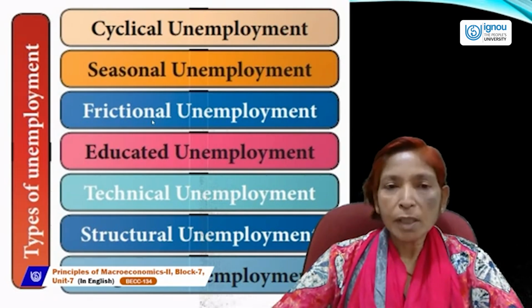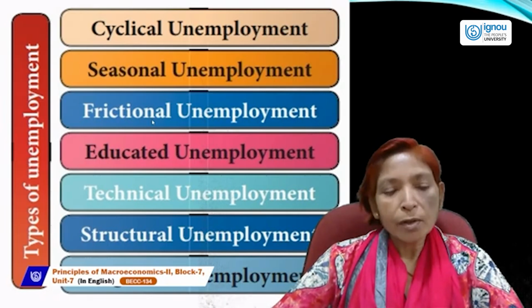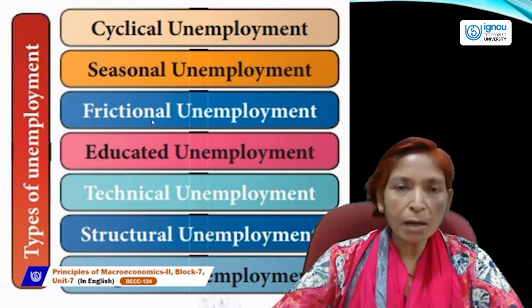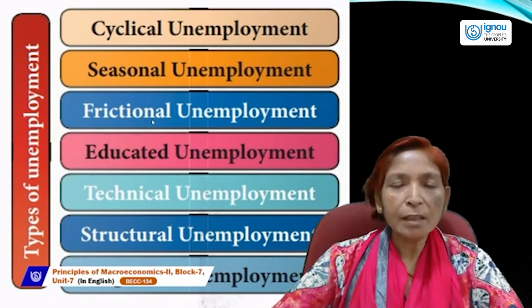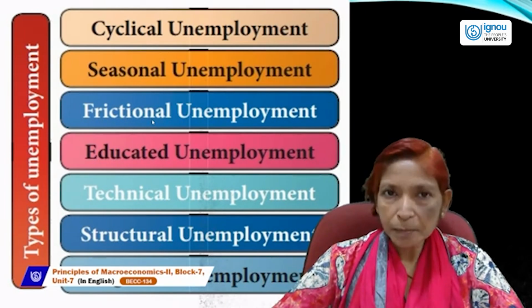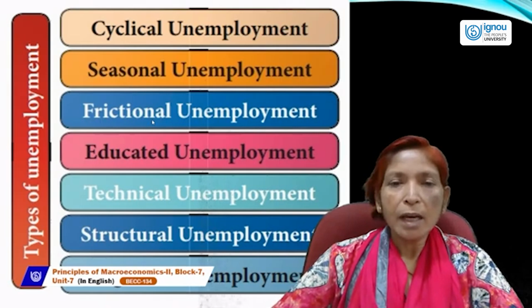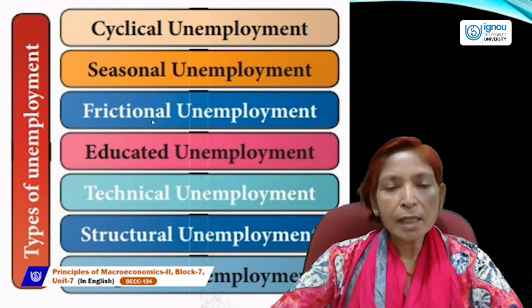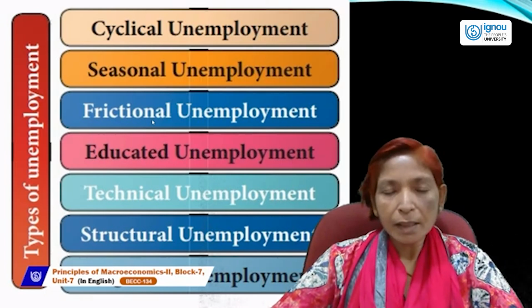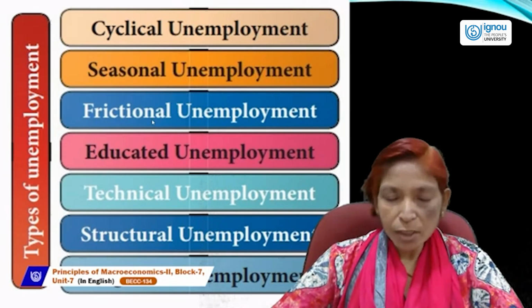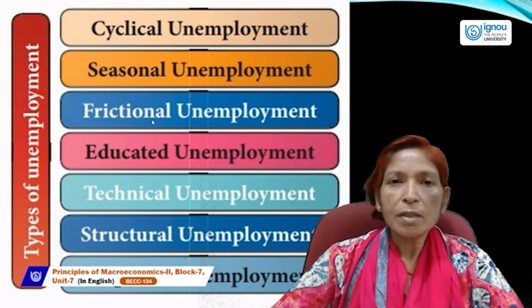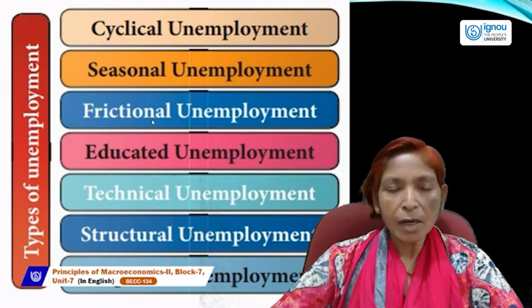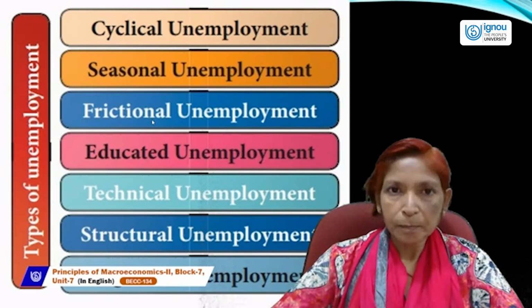Next is structural unemployment. Structural unemployment mainly occurs due to weak infrastructural facilities. If any country has lower infrastructural facilities, or less availability of raw material, or weak supply of water, electricity, and transportation, then this is called structural bottlenecks or infrastructural bottlenecks.